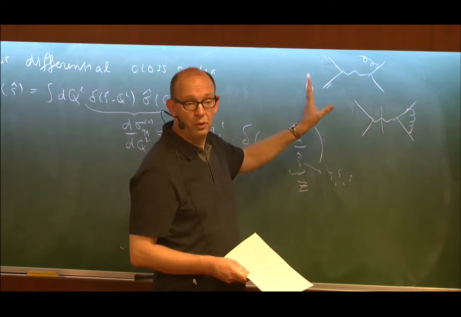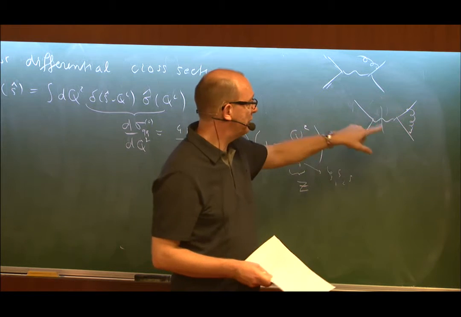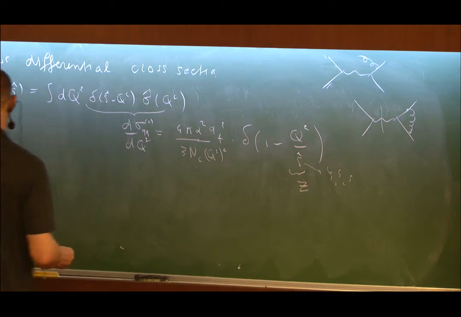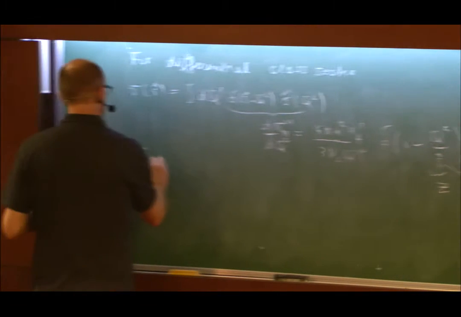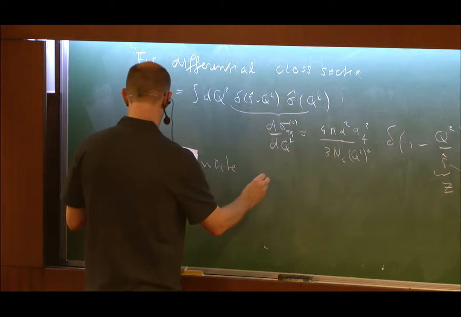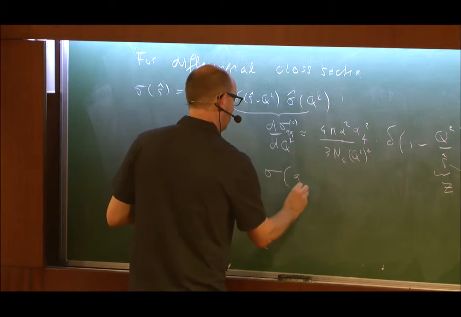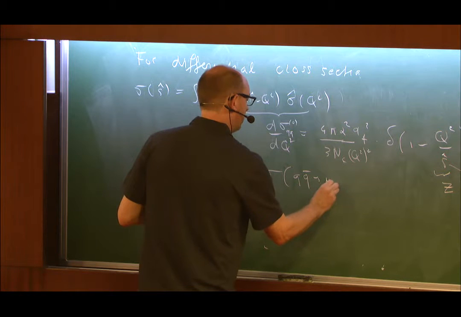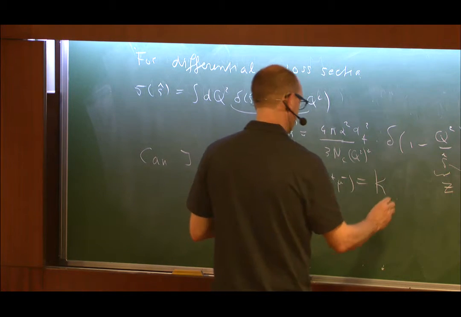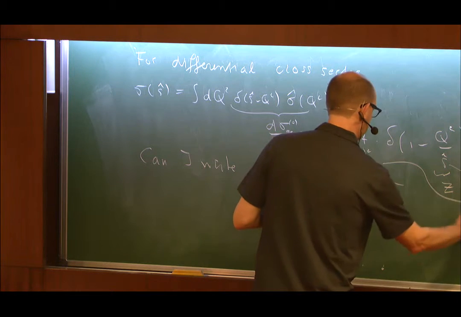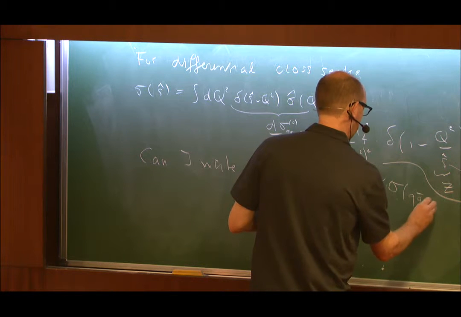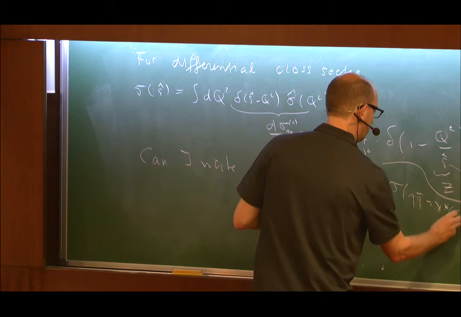That will be true for all orders in QCD, because whatever I do with the initial state, it's always this simple decay. So can I write sigma of q q-bar to mu plus mu minus as some factor k times sigma of q q-bar goes to gamma star of mass Q?